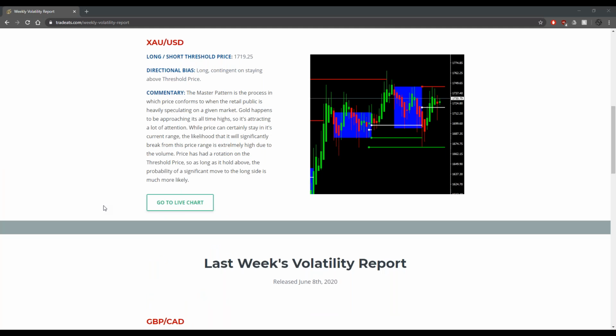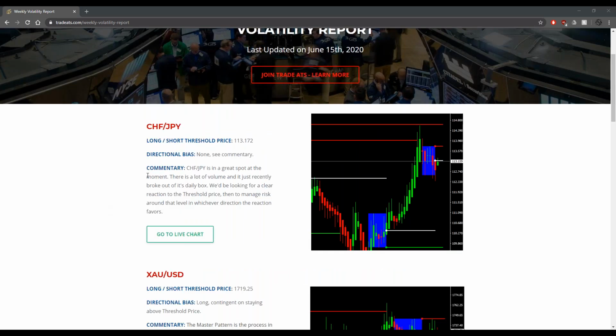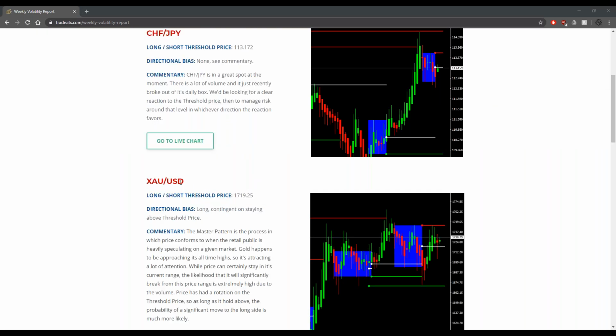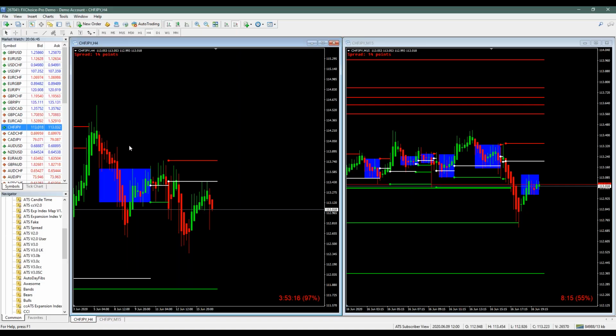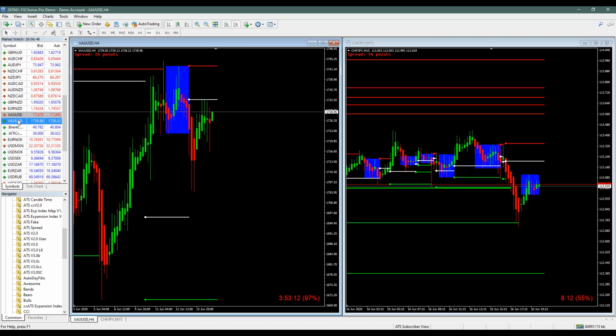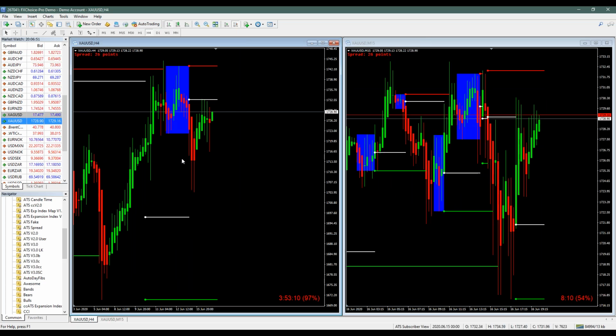One of the things I wanted to bring up, a continuation of what we were talking about last week, is how we dove in a little more to the master pattern and how you can identify this. Let me go ahead and switch. This actually mainly applies to gold versus the dollar, so we'll go through this real quick.